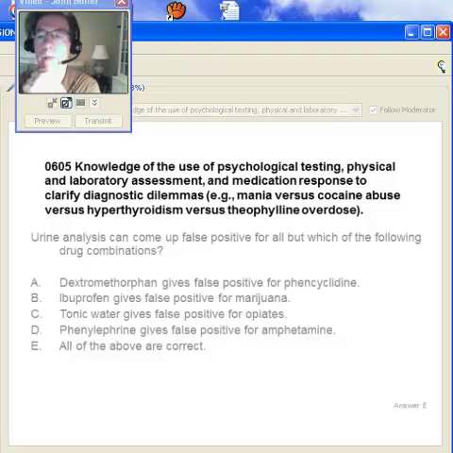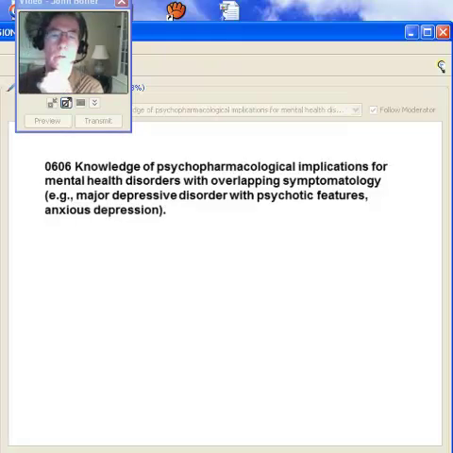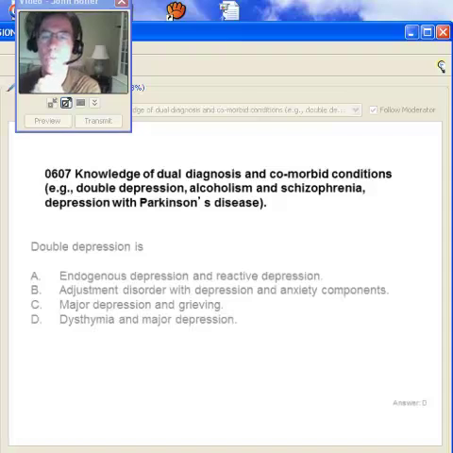Mania versus cocaine abuse versus hyperthyroidism versus theophylline overdose. Number 6 is knowledge of dual diagnosis and comorbid conditions, double depression, alcoholism, schizophrenia, depression, and Parkinson's disease.